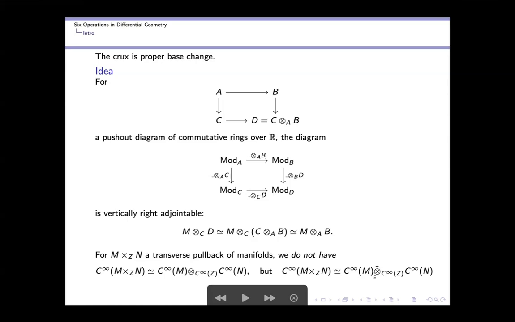It doesn't correspond to this tensor product of commutative algebras, it corresponds to some kind of completed topological tensor product. So if in this diagram you plug in for A, B, and C these three algebras, this equation is going to fail because the tensor product here is going to be of a different nature than the tensor product here.